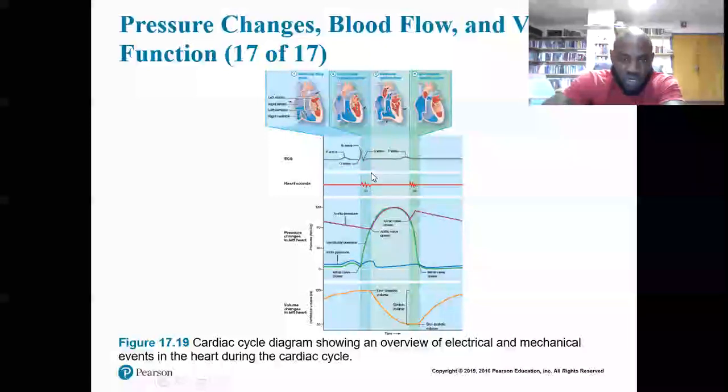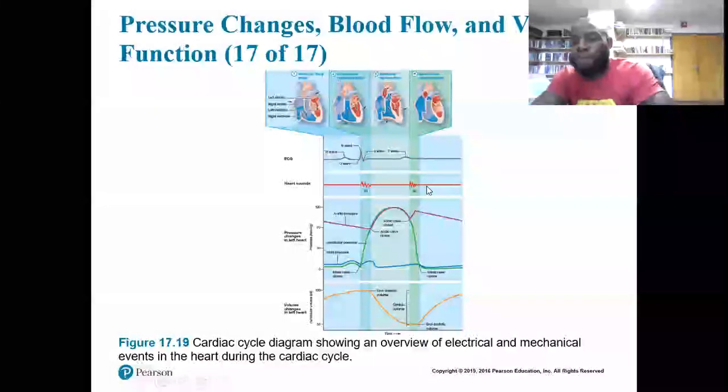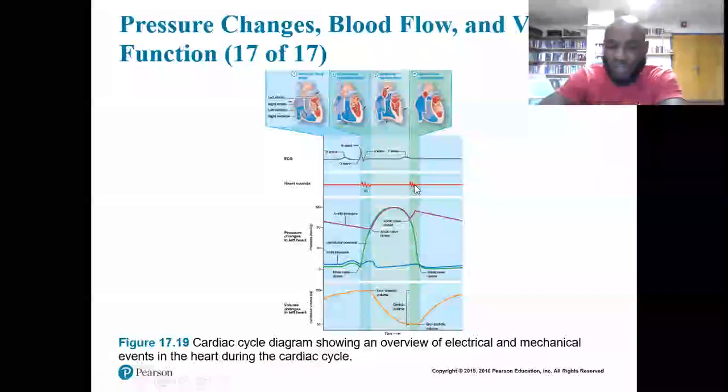The sounds: closing of the atrioventricular valves. Part 2, closing of the semilunar valves to the systemic and pulmonary circuit.